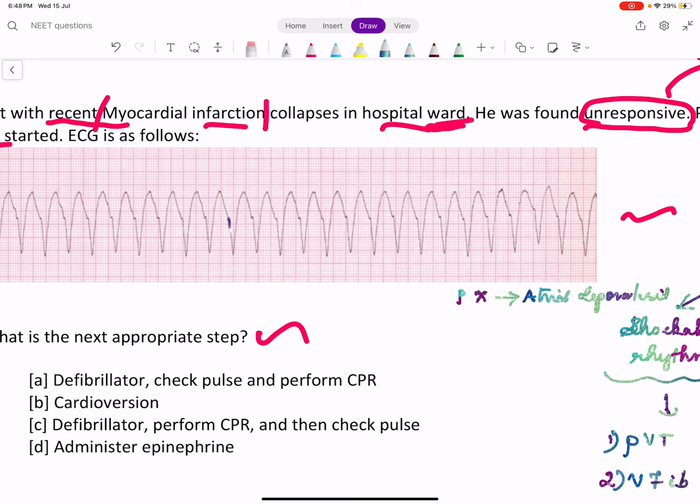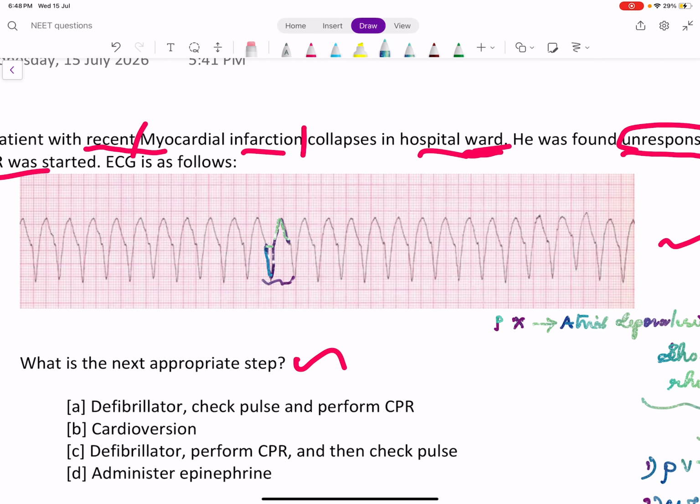We are able to see only one wave, right? There is only one wave here and this is definitely wide. As we discussed in one of our cases, when the wave is wide it means it is more than 3 small squares. If we start from here also, this is about 3 to 4 small squares, right?